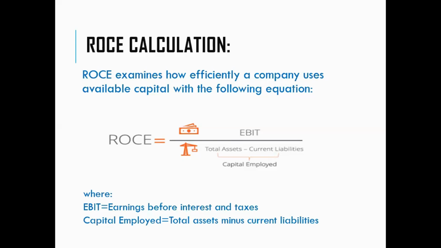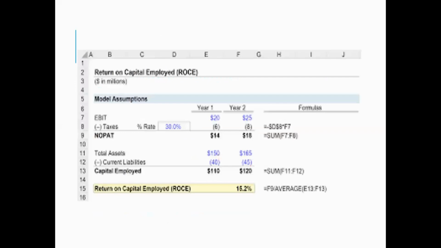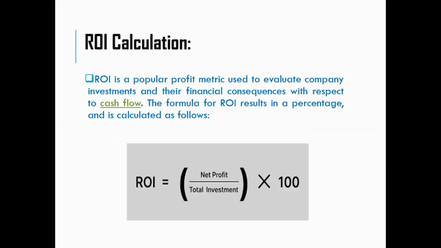EBIT equals earnings before interest and tax, and capital employed equals total assets minus current liabilities. Here is the way we calculate return on capital employed.